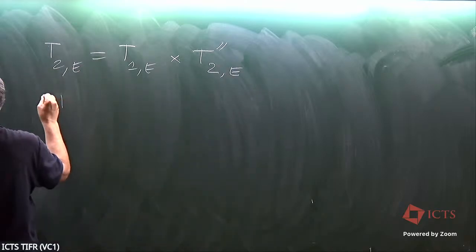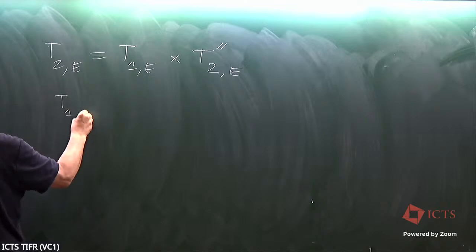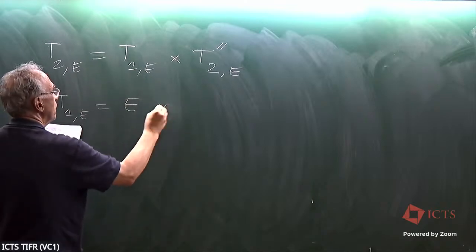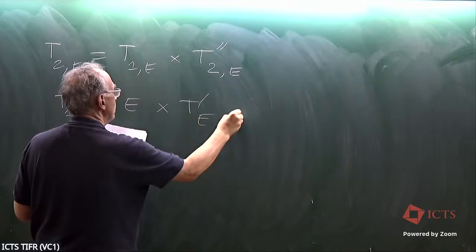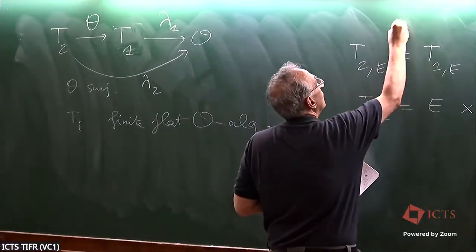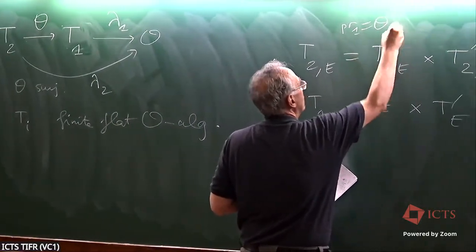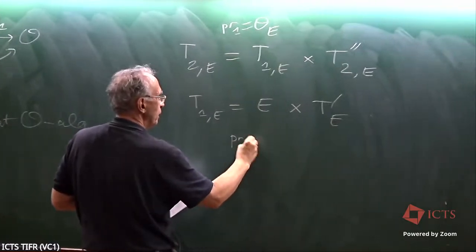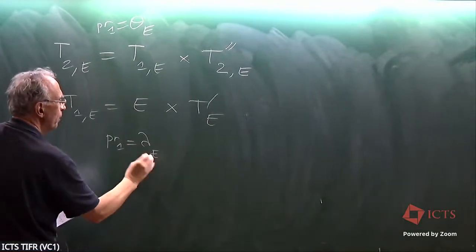And the first one also splits as usual: T1⊗E is E times T'⊗E. So this is the situation we considered earlier, and that's the new situation. We assume this splits also over E. So the first projection here is θ_E. Here, the first projection is λ1,E.